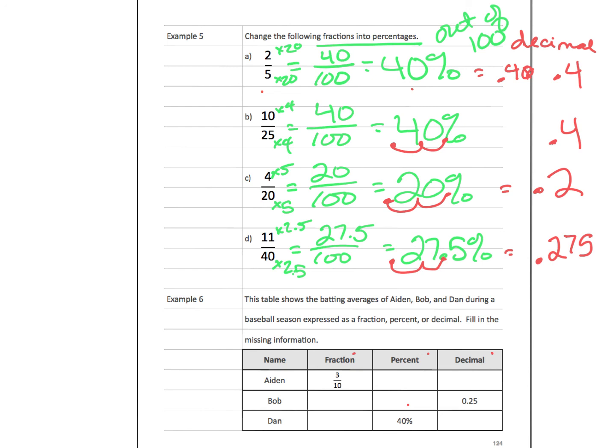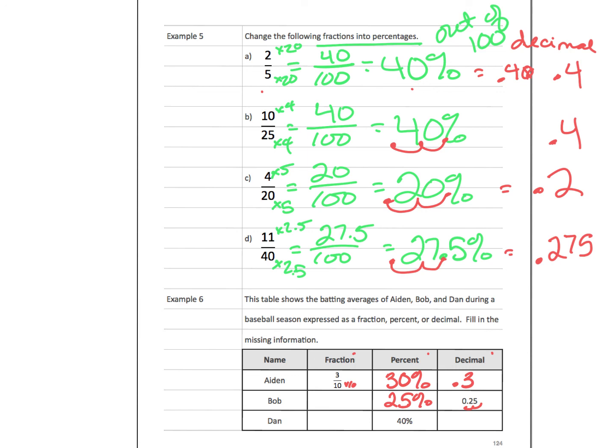Okay, Aiden, the fraction is 3/10. I'm going to multiply it by 10 to get 100, so it would be 30%. The decimal then would be 3/10. Bob, I'm going to move this over twice to get 25%.